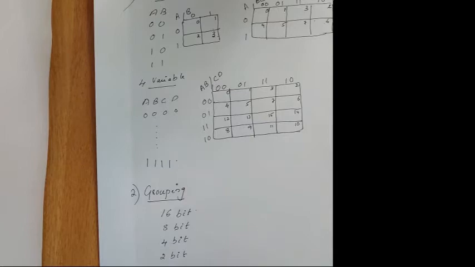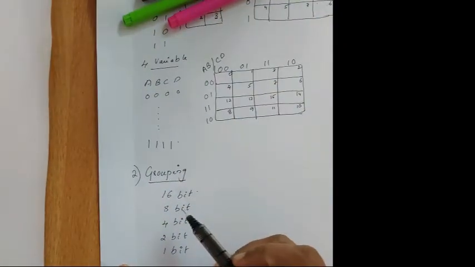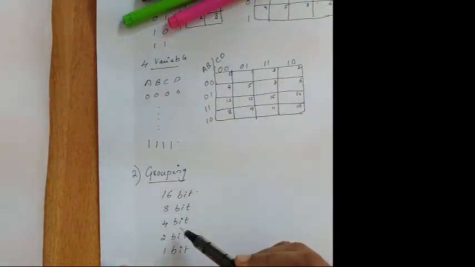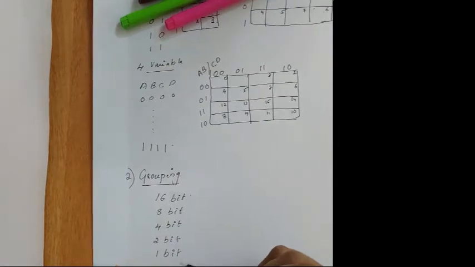Then at last only you go for 1-bit grouping. First you have to check whether you are able to get a 16-bit grouping. If you are not getting it, you have to go for 8. If 8 is also not present, then 4. If 4 is not present, 2. And at last, only if there is no way to group a variable, you have to go for a single bit grouping. Okay.